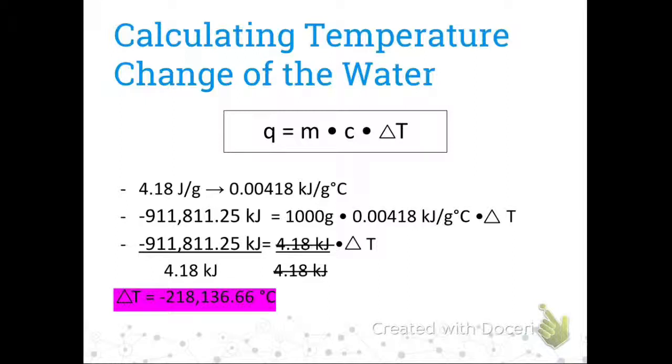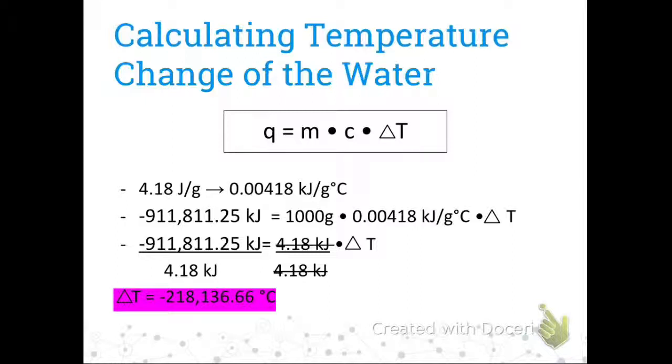Once we multiply the two, we end up with 0.00418 kilojoules. Once we know this, we can now multiply it by 1,000 grams and get 4.18 kilojoules. Since we are trying to solve for the change in temperature, we must isolate delta T by dividing both sides by 4.18 kilojoules in order to get delta T by itself.